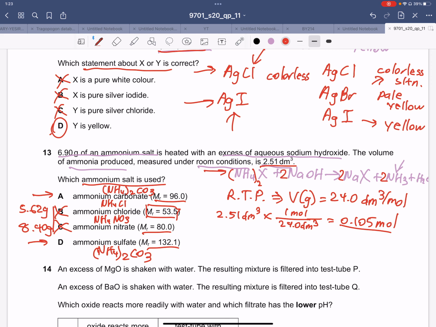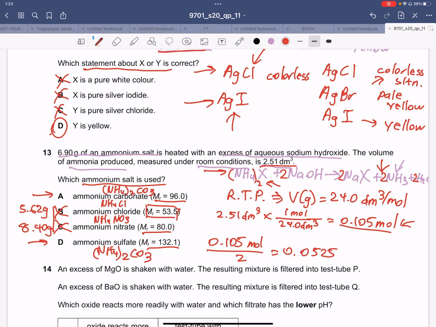So that would be your new equation, and then you just have to multiply that in. It would no longer be just this value right here. You'd have to divide that 0.105 moles by 2 again, because now you're forming 2 moles of NH3 per 1 mole of this original ammonium salt. So 0.105 divided by 2, you get 0.0525.